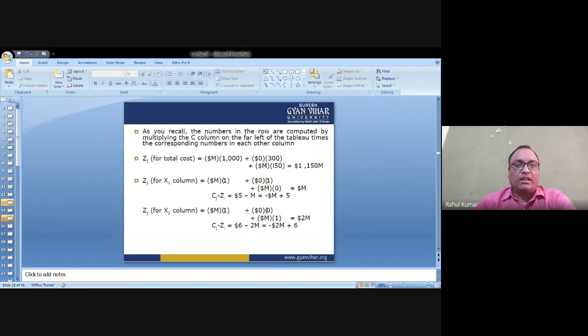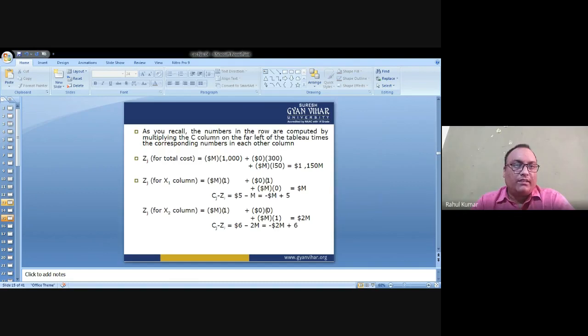As you recall, the numbers in the Zj row are computed by multiplying the Cj column on the far left of the tabulation by the corresponding number of each other column.